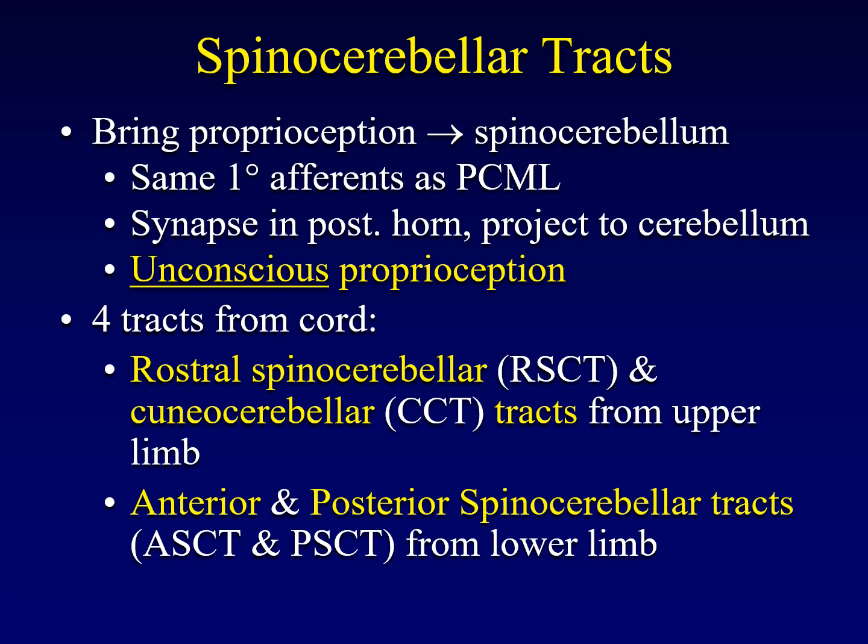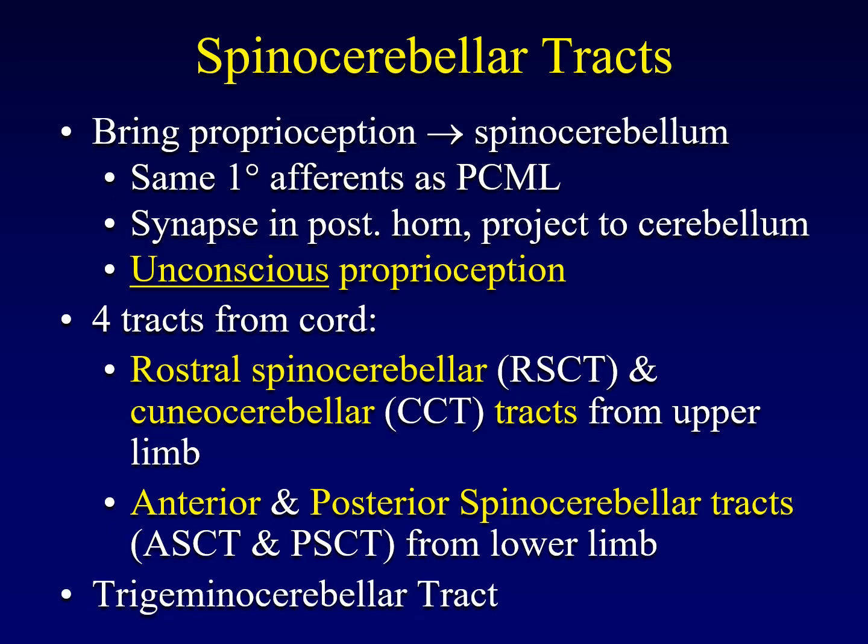Now, what's left out of this description, of course, is that the trunk is also generating unconscious proprioception from the muscles in the trunk and the neck. And they're traveling in these pathways too. The line that's drawn between the two, where we transition from rostral and cuneo to anterior and posterior, is different in each of these tracts, and in the lab I'll diagram the ones that I think are important.